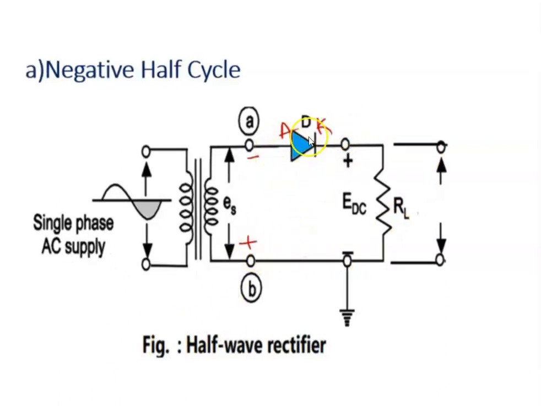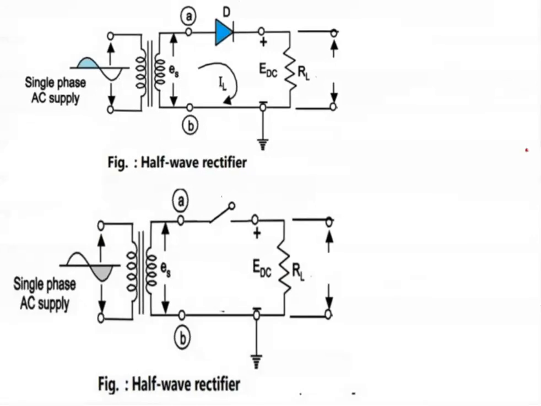As the diode is reverse biased, we can replace the diode by an open switch. So the current will not flow through the circuit and the output becomes 0. In short, for the half wave rectifier, during the positive half cycle the output becomes the same as the input, whereas during the negative half cycle, the output is 0.